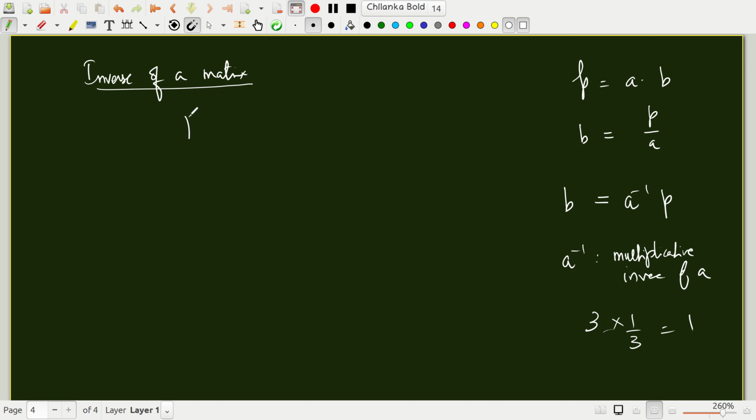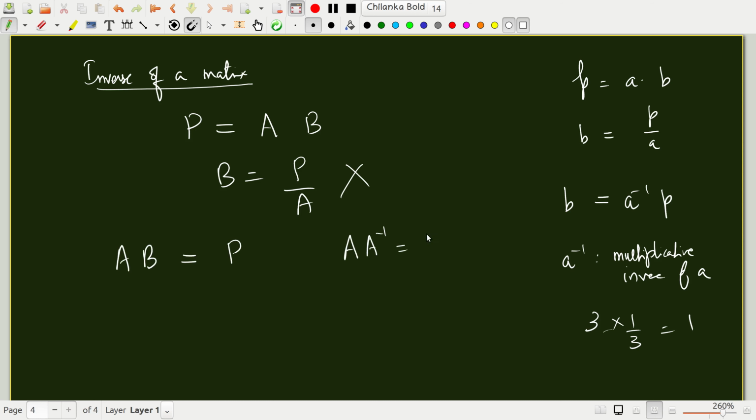If I have a matrix P which is written as a product of two matrices A and B, you cannot write B is equal to P upon A, just like you do for numbers. You have to define what is called the inverse of a matrix. The inverse of a matrix is defined such that if I have a matrix A and multiply it by its inverse, you get the identity matrix.